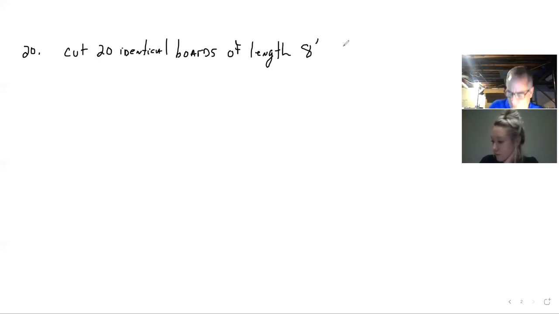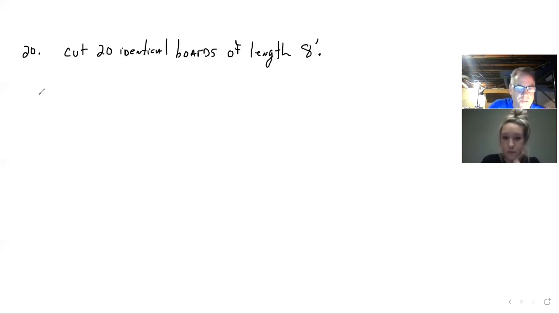So what we're going to do is cut the first board, measure it out, 8 feet. Once I cut that first board, I'm going to use it to measure, mark off, and cut my second board, and then use the second board to measure and cut my third board, and so on and so forth, till I get my 20 boards.